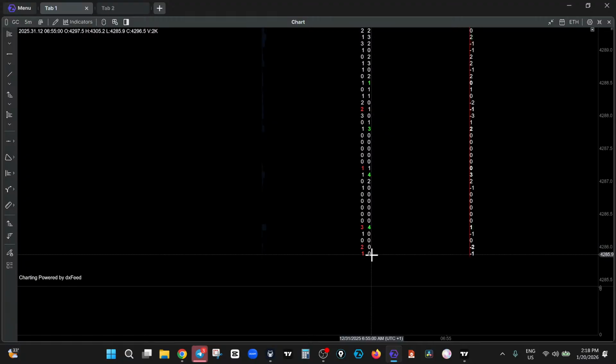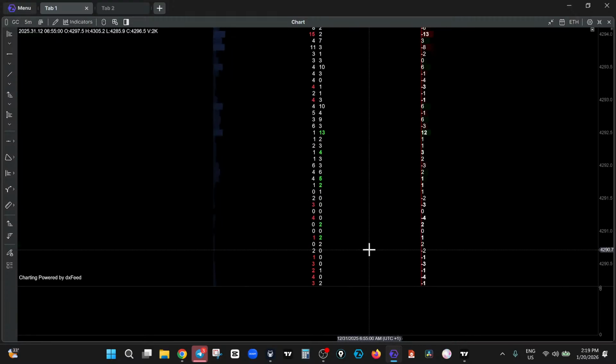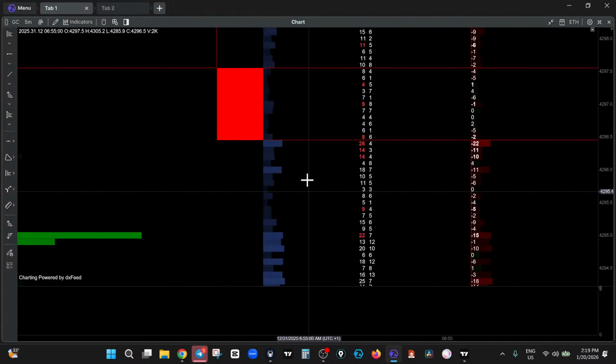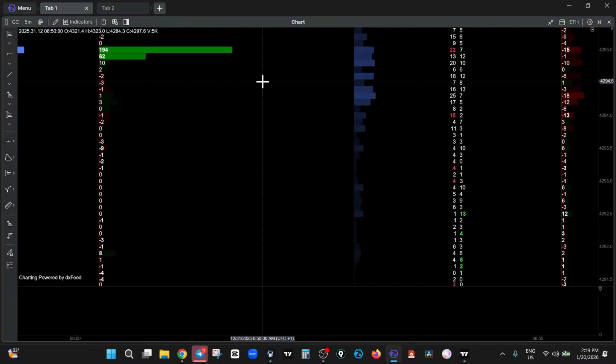You can see at the bottom here, we have 1, 0. There's an unfortunate seller here. He's selling too low. That's where price reverses. So when you see that, you know that, okay, the market is ready to push.